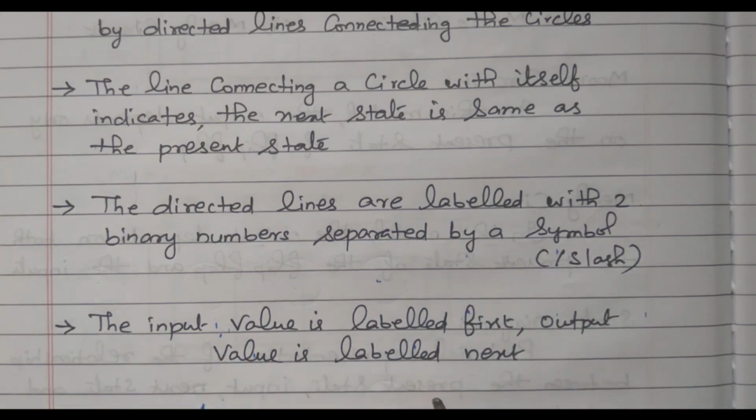So, this is the description about the state diagram represented by the Mealy circuit, right. The states are represented by the circle. Transition between the states are directed by the lines. If the line connects the circle to itself, it means present state and next state are the same. The directed line is labeled with 2 binary numbers separated by the slash. First number indicates the input, second number indicates the output.